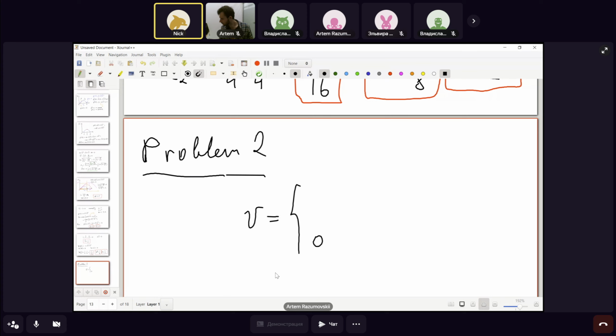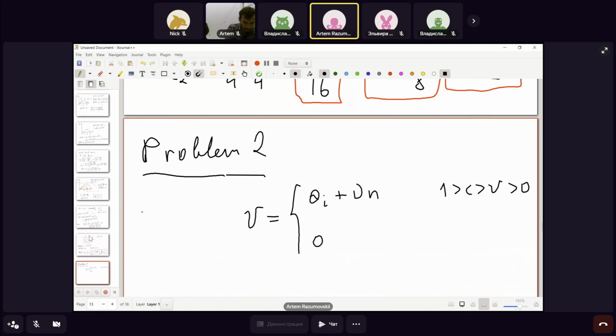We had several variants, but our last one was theta_i plus nu times expected n, and zero otherwise. And we had a restriction that 1 should be greater than nu, and nu should be greater than 0. And theta is distributed uniformly on 0 to 1.